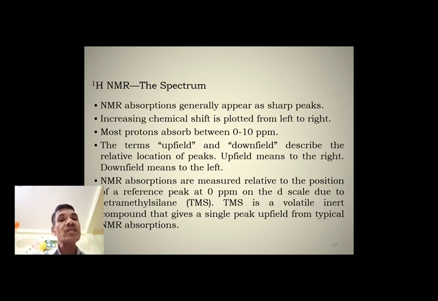It is chemically inert and gives a sharp signal at 0 delta value on the upfield side of this scale. Therefore, this typical signal is considered as the 0 delta value in NMR absorption.